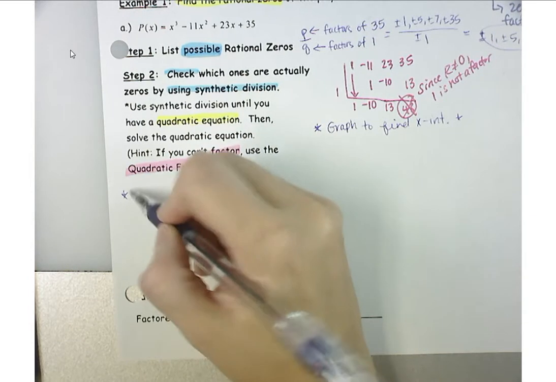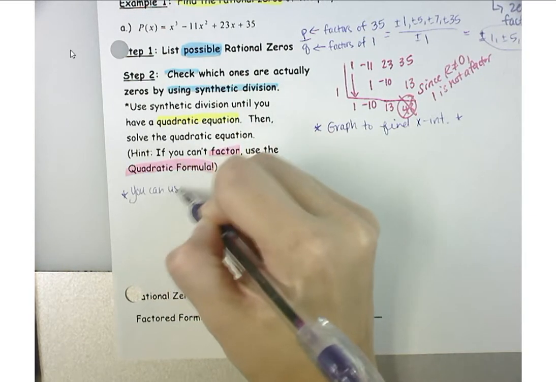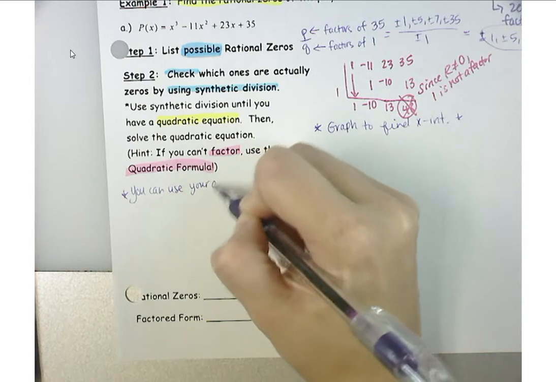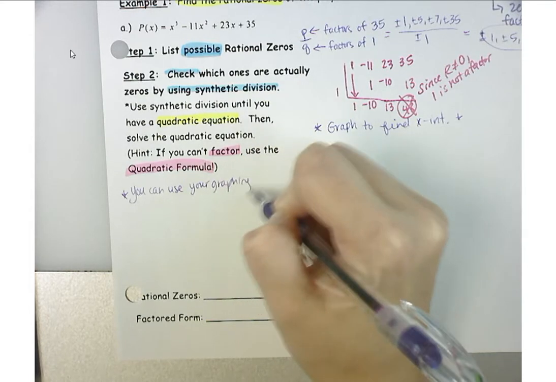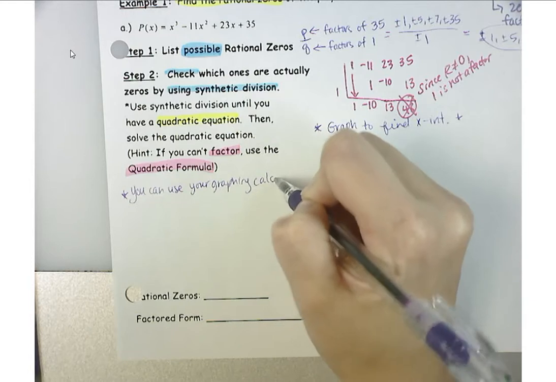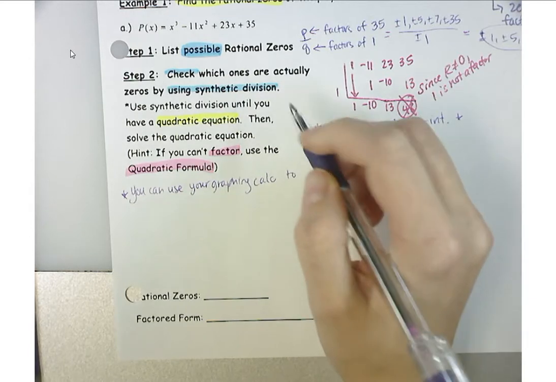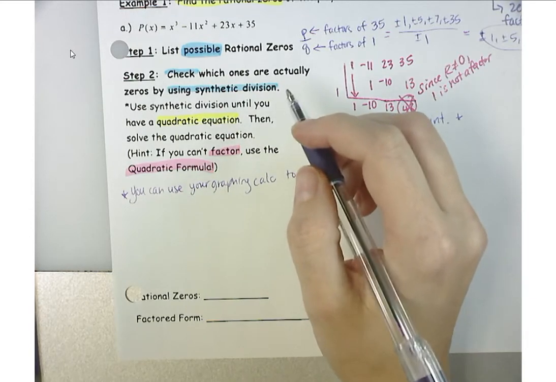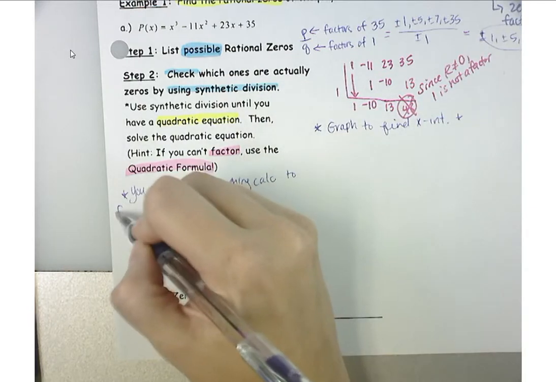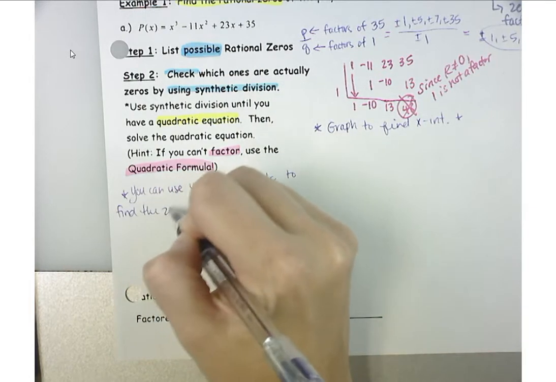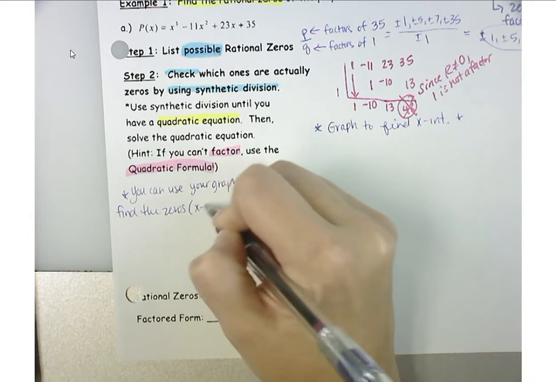So you can use your graphing calculator to find the zeros, which are the x-intercepts.